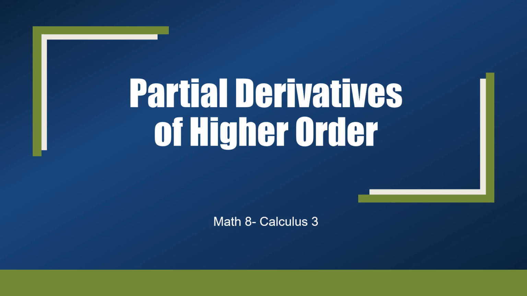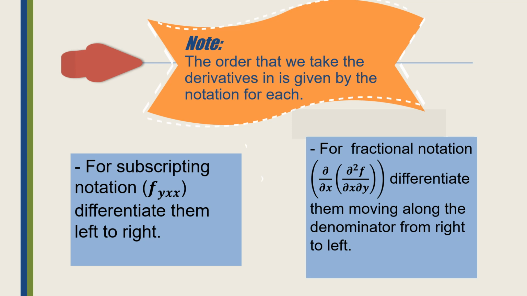Our topic for today is all about partial derivatives of higher order. So, let's start. Note that the order that we take the derivatives in is given by the notation for each. For subscripting, we have the notation f sub y sub x, and we differentiate them left to right.